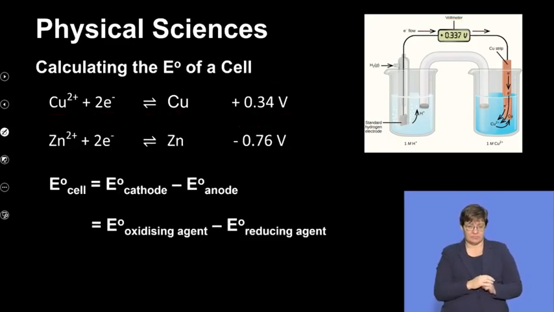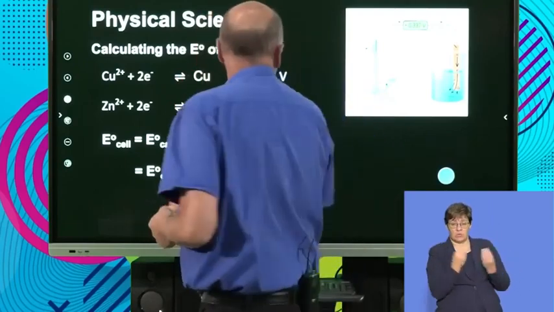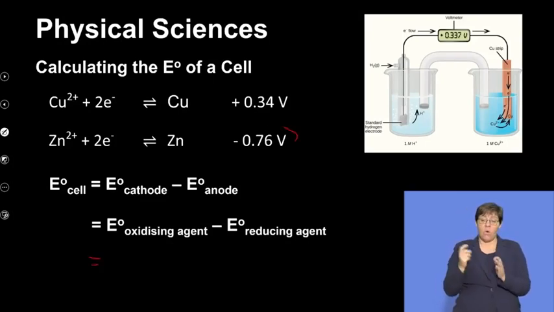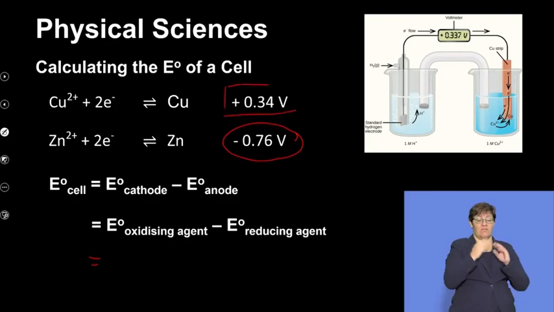Now, what happens if we put not the copper together with the hydrogen, but we put the zinc and copper together? What's going to happen here? So no longer have we got the standard hydrogen electrode, but what happens if we put the two together? Well, now we've got a formula here which says take the cathode, and the cathode value will always be the one that is the positive value, or the more positive value.